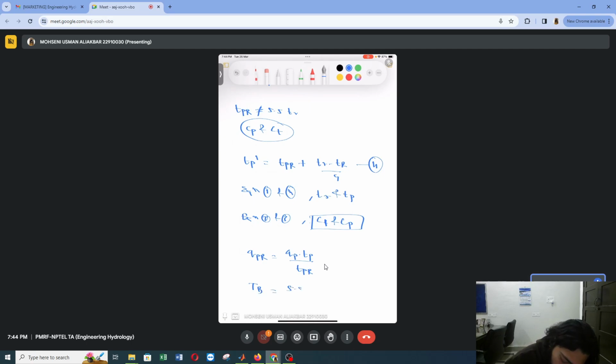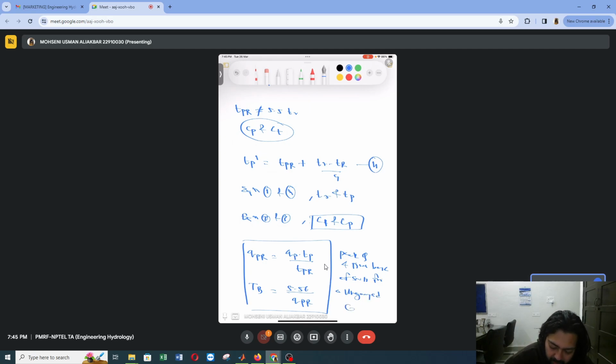To calculate the time base of the synthetic unit hydrograph of the ungauged catchment, the equation is TB equals 5.56 divided by Q of PR. So these two are the equations to calculate peak discharge and time base of the synthetic unit hydrograph for an ungauged catchment, right?